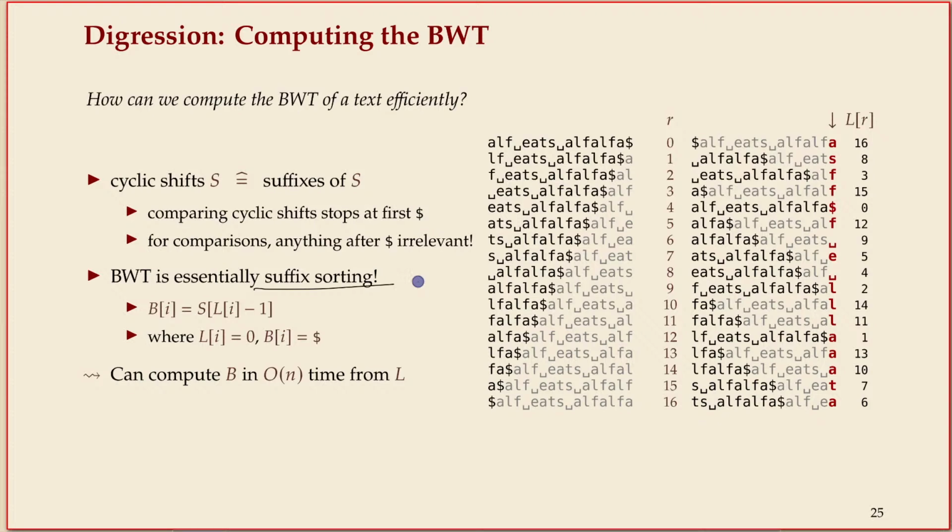And so if we have all the suffixes sorted, how do we get the BWT? The formal connection is here. I can take the position that is in the corresponding entry of the suffix array. And now I want, instead of the starting index, the letter that is wrapped around and in the last column.